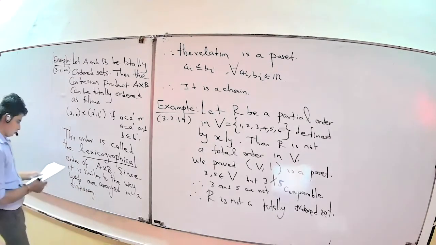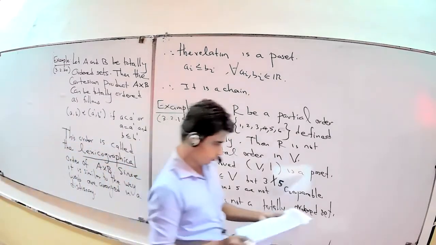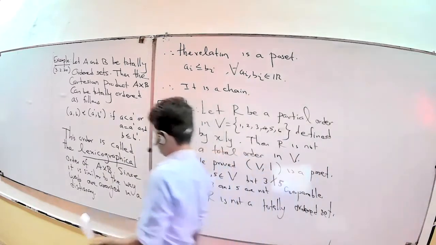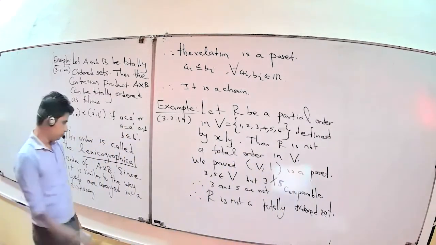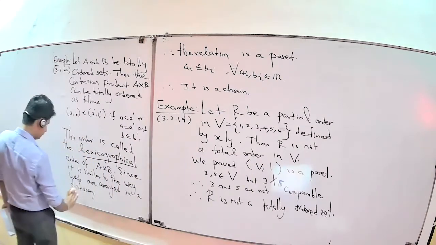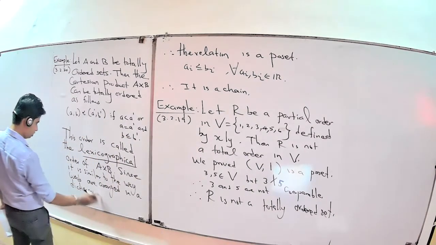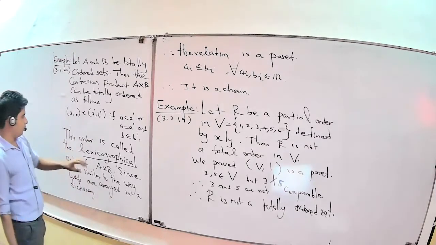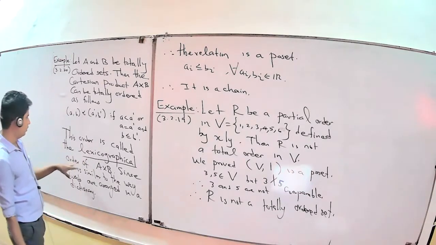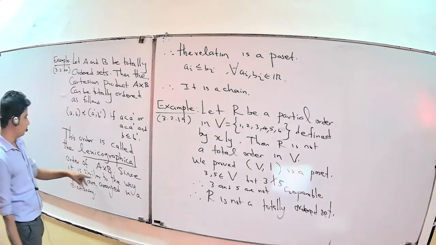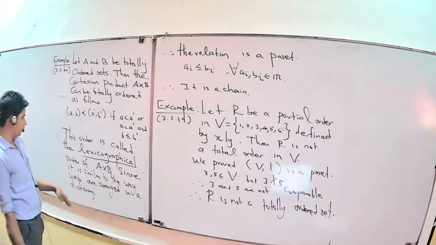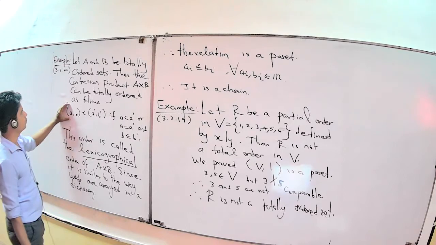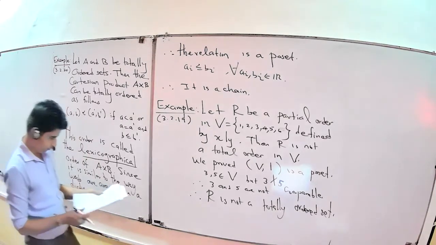Arranged in a dictionary, right? It's clear. This lexicographical order of A cross B, since it is similar to the way words are arranged in a dictionary. Now you want to prove this one is a partially ordered set, so totally ordered set.